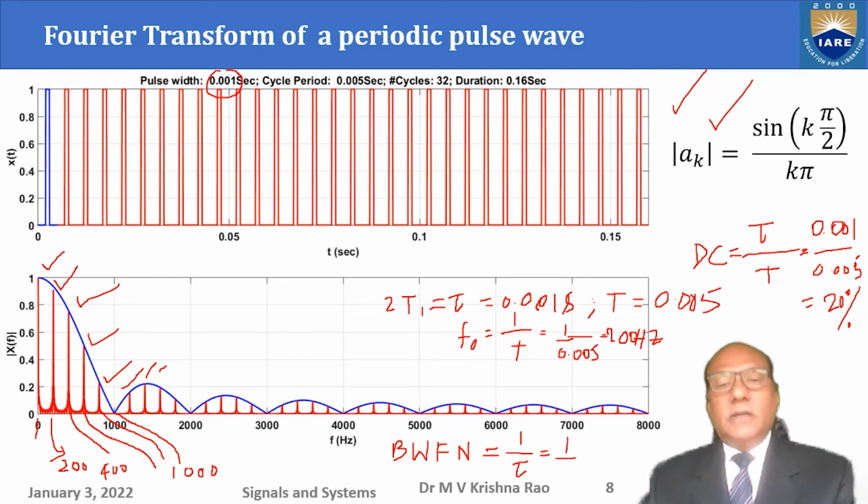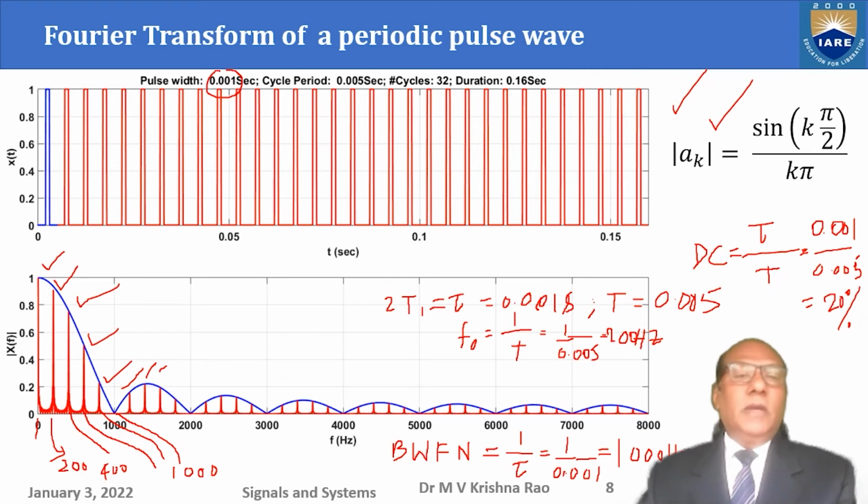Tau is nothing but 0.001 seconds. So this is nothing but 1000, that means 1 kilohertz. The spacing between successive harmonics depends on the period of the waveform, and the first null is related to the on period, that is tau. 1 by tau is nothing but your first null.